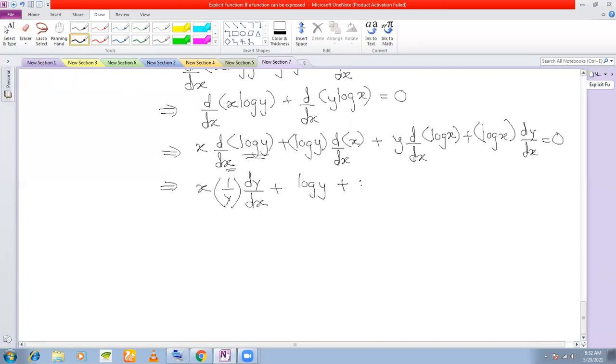Plus y, now d/dx of log x you know is 1 by x. Plus you have a log x dy/dx.